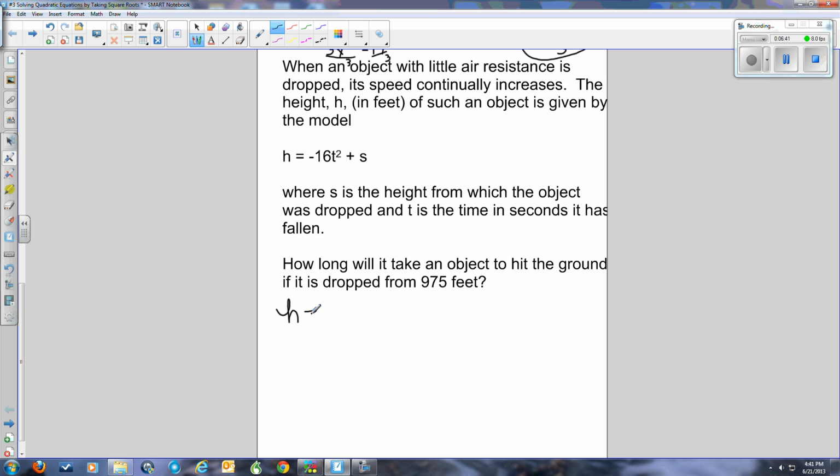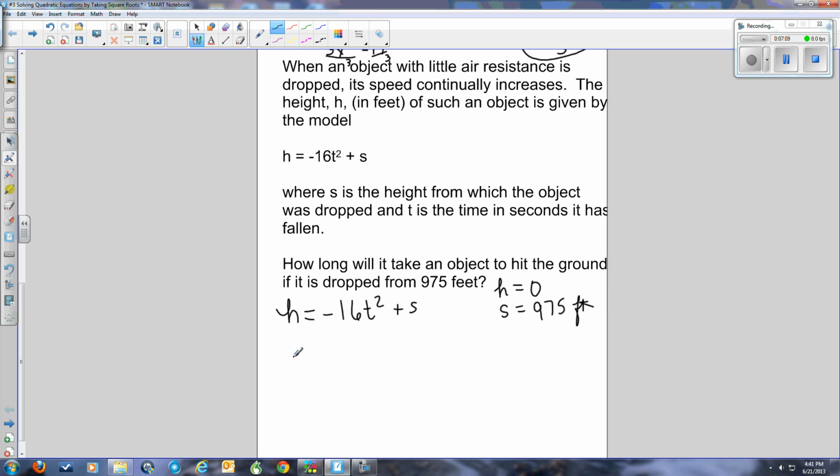H equals negative 16 t squared plus s. Okay, now h, the height of the object, is 0 if we want to know when it hits the ground. S is the initial height of the object from which it was dropped, and we know that was 975 feet.